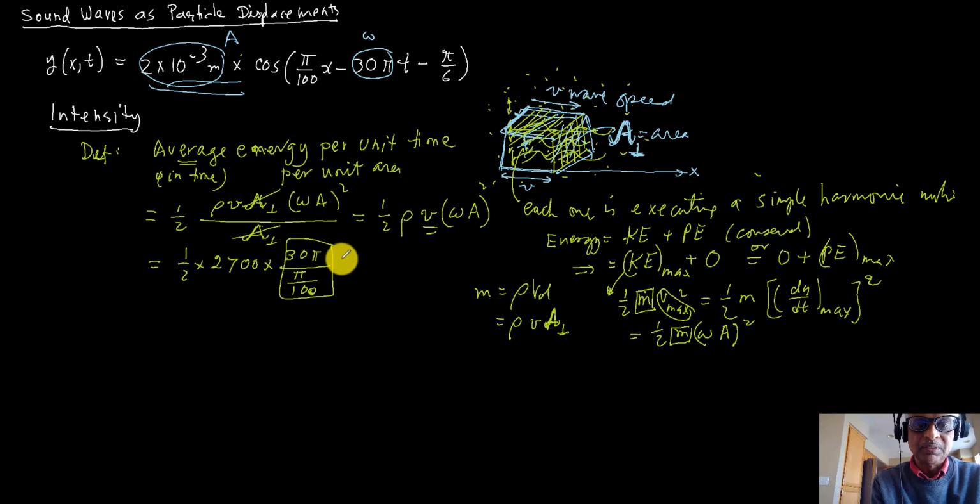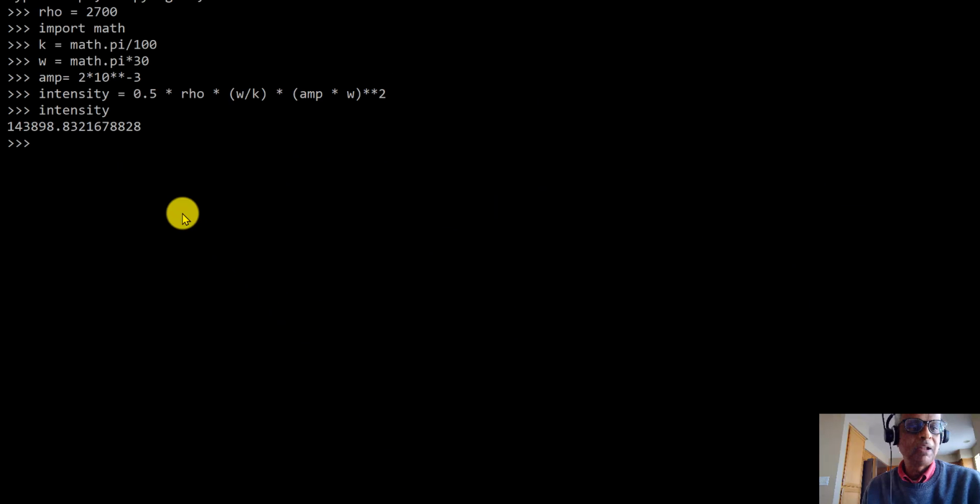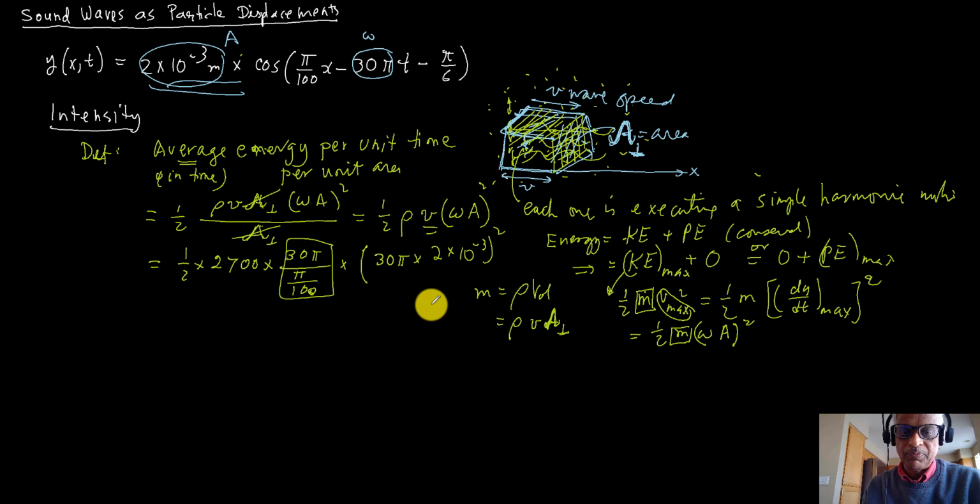So that's a 3000, and omega is 30 pi, and the amplitude is 2 times 10 to the minus 3, squared. When I calculate all of this out using Python IDL, the intensity is 1.44 times 10 to the power 5.